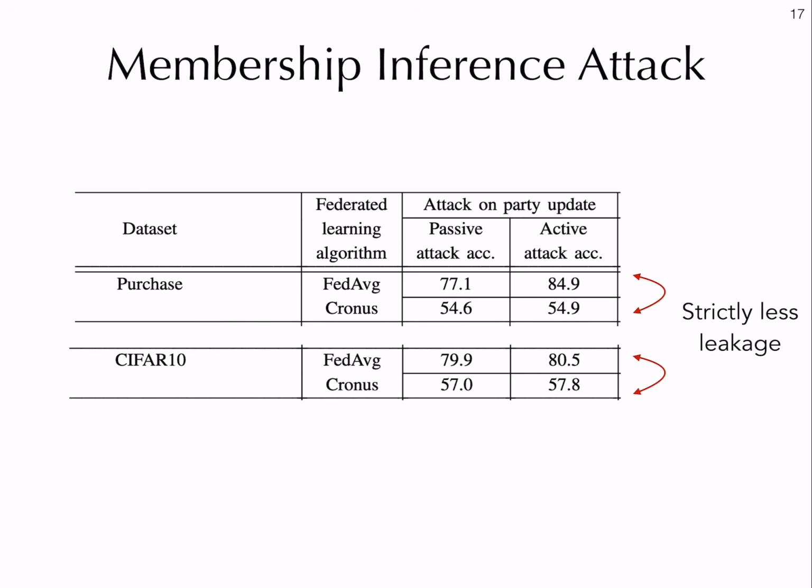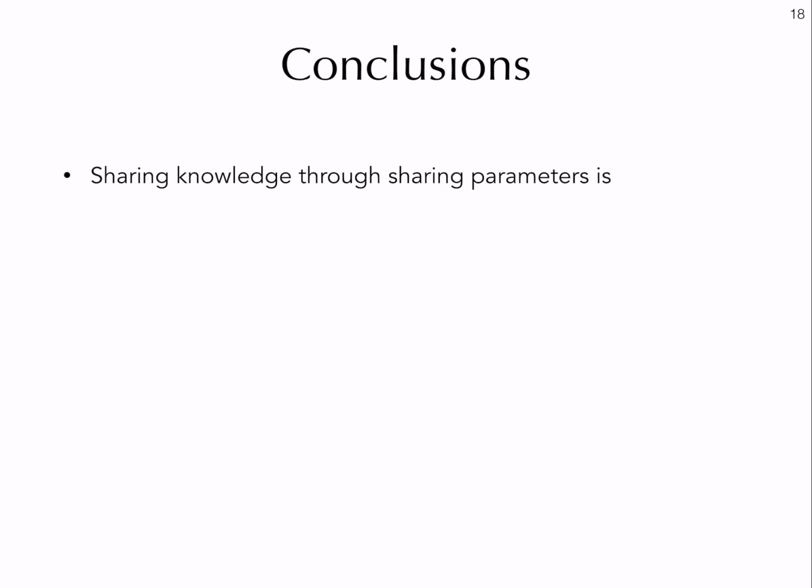So to conclude this, I want to go back to the first point that I mentioned, that sharing the knowledge using the parameter exchange for federated learning is not necessary. So there are other ways that you can do knowledge transfer. It is definitely not efficient because for large models we have to deal with all the communication overhead.